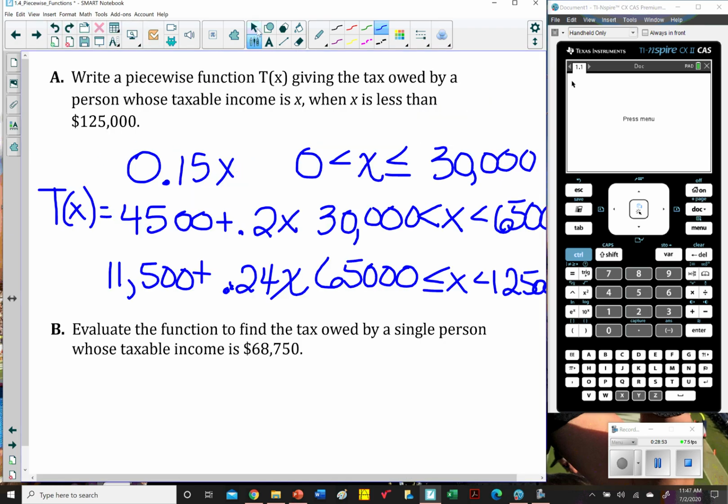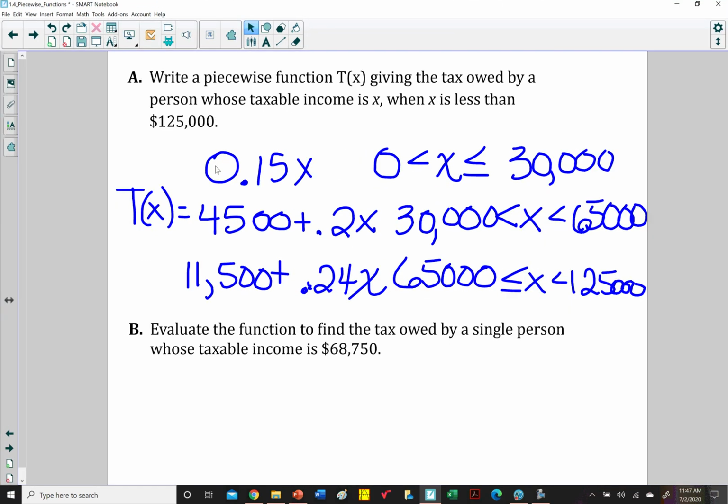So our taxable tax rate, this is a mess, is going to be these 3 equations with these 3 subdomains.